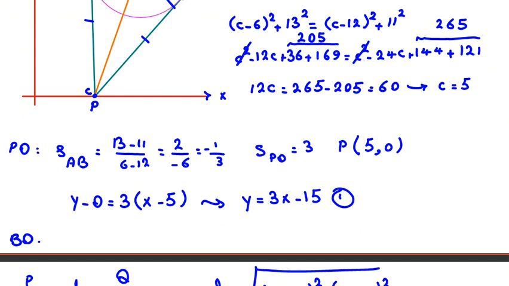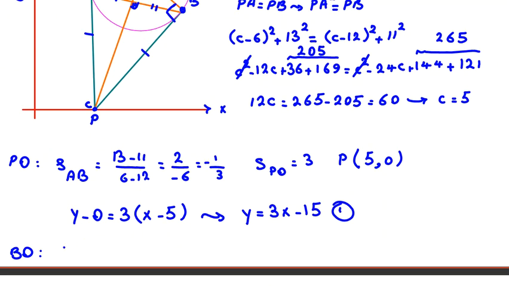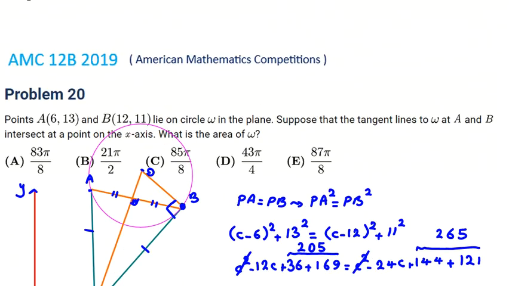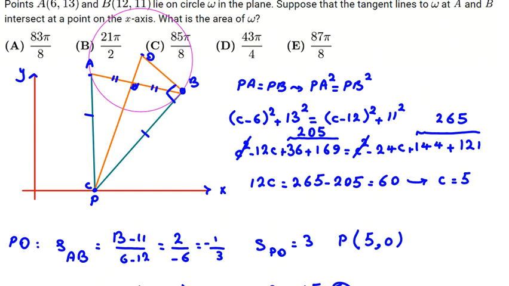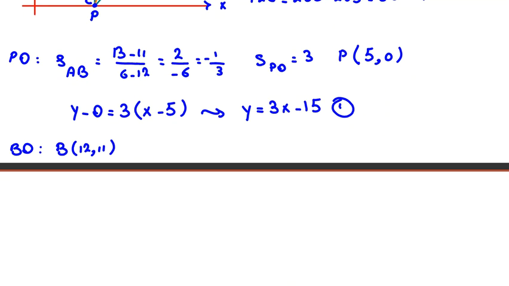For BO, let me add a page. Okay, for BO, the coordinates of B are 12, 11. And we want to find the slope of BO, so we should find the slope of PB.